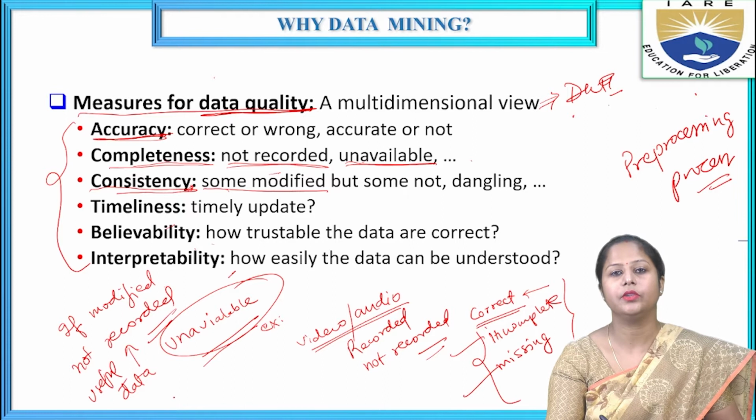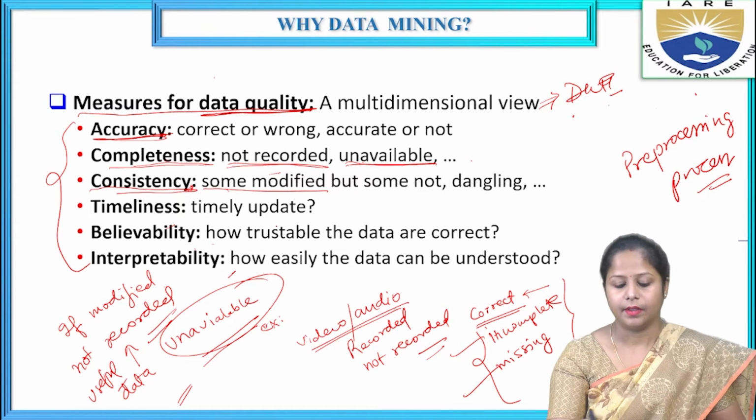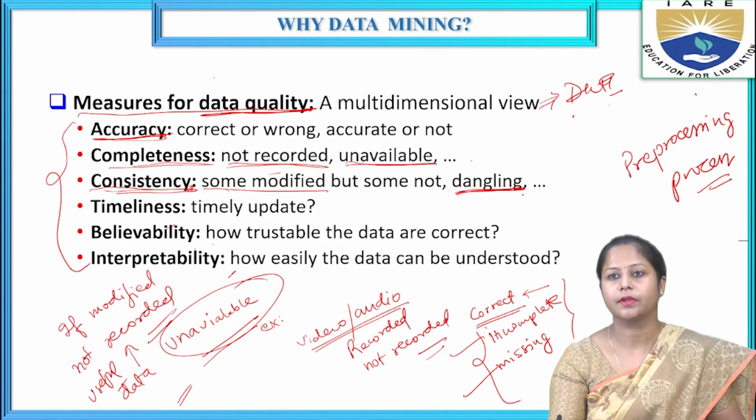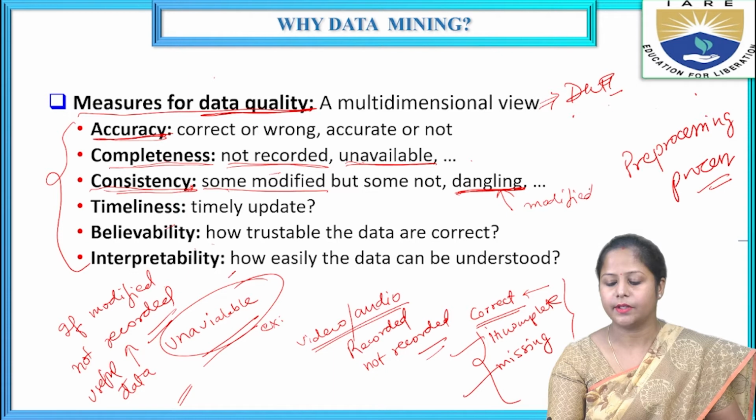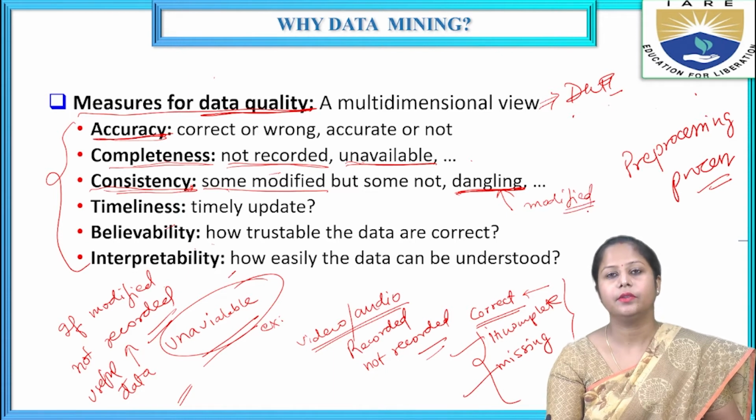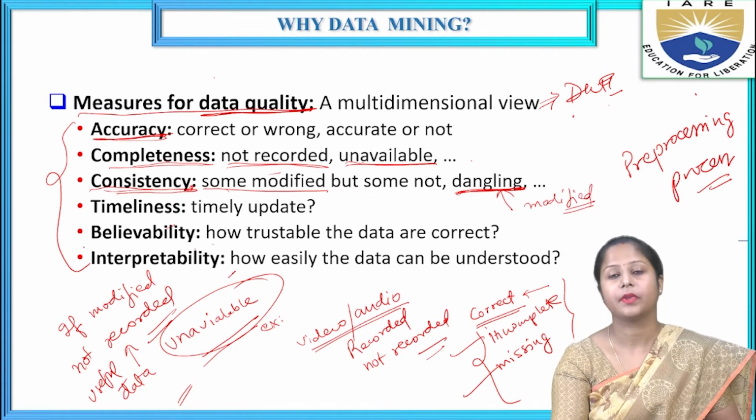That will not be useful data for us. So we will exclude that type of data. Inconsistency, data dangling also comes. If some data has been modified, that is called dangling. So we will check for that also.